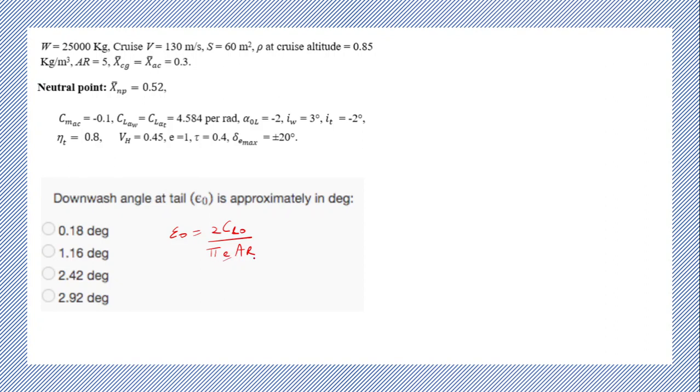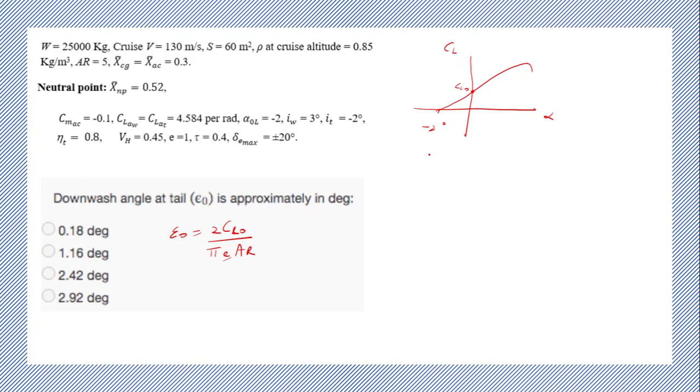We have E, we have aspect ratio. They've given you the angle of attack at zero lift. So it's something like this. This is the CL versus alpha curve. This alpha is given to you as minus 2 degrees. And they've also given you the slope of this curve in per radians. So this is your CL naught.